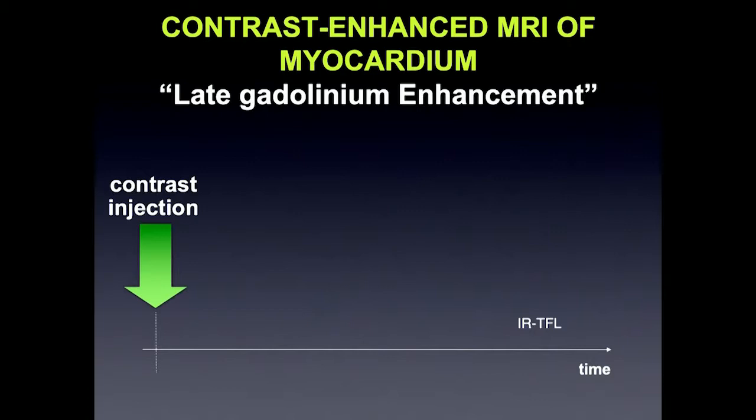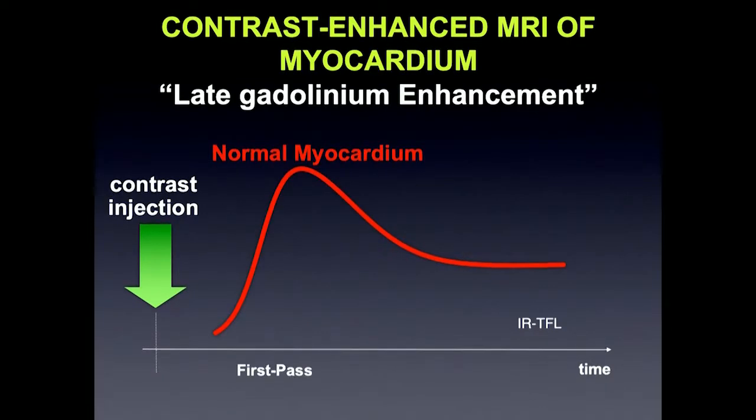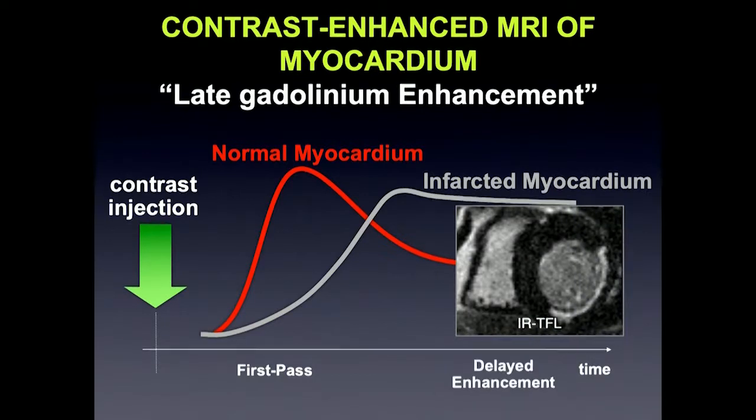When we look at the timing of the contrast injection, you can see that normal myocardium washes in and out contrast, but when we do late gadolinium enhancement, we wait, again, this period post-contrast injection, we wait for the gadolinium to go out into the interstitial space where the gadolinium is retained.